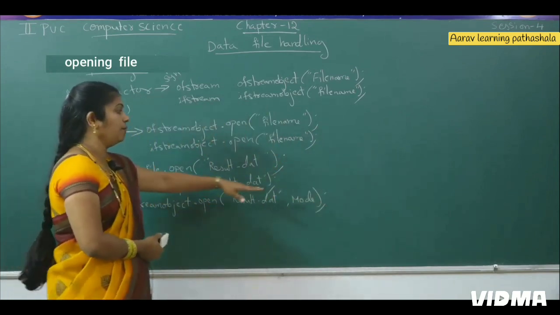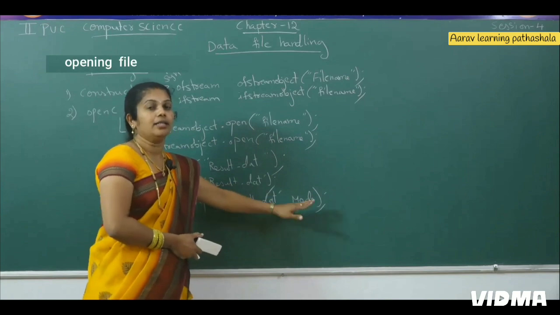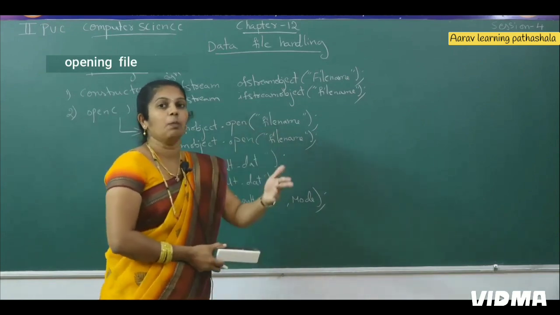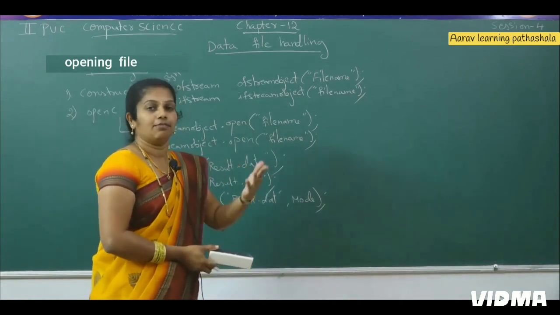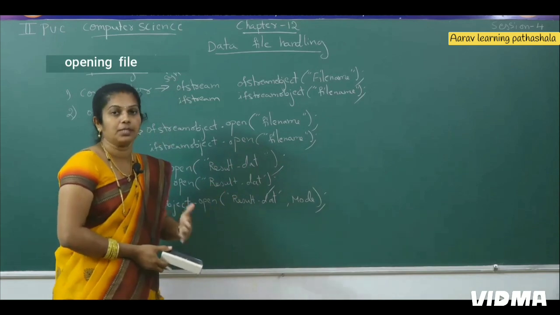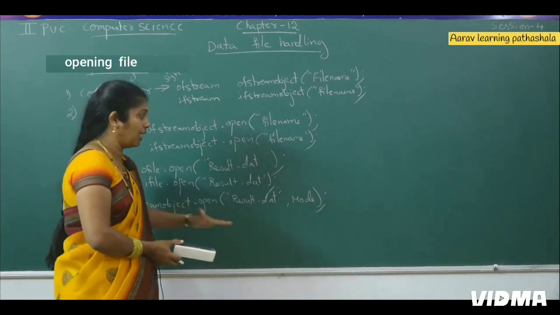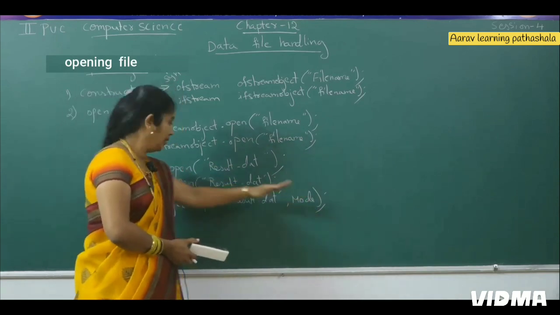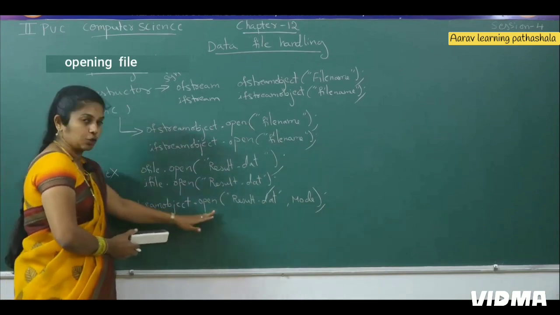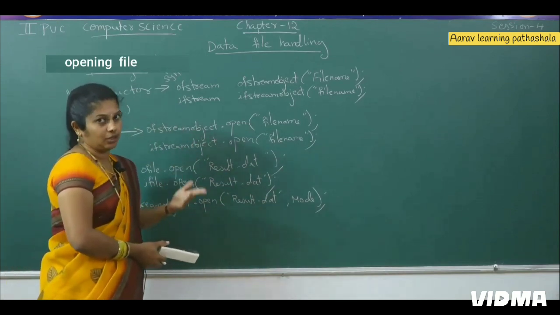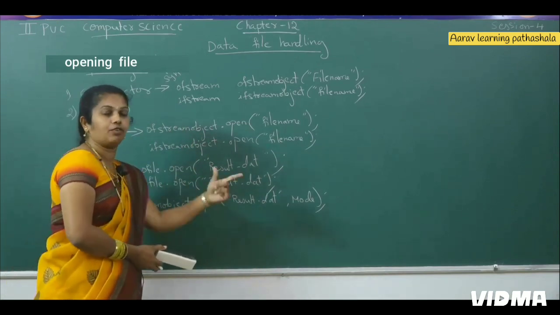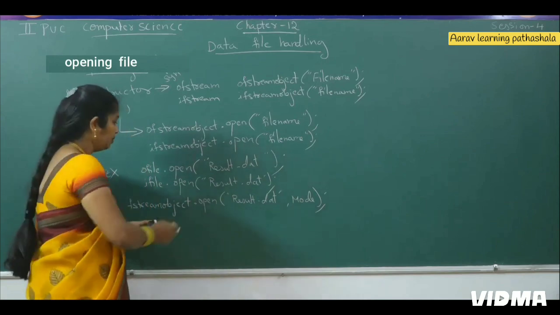Now is it clear? Then what do we mean by mode here? This mode will tell you for which purpose we are opening the file, whether for input purpose or for output purpose. That tells you regarding the mode. When we use an fstream object, we can open the file for both input as well as output purpose.